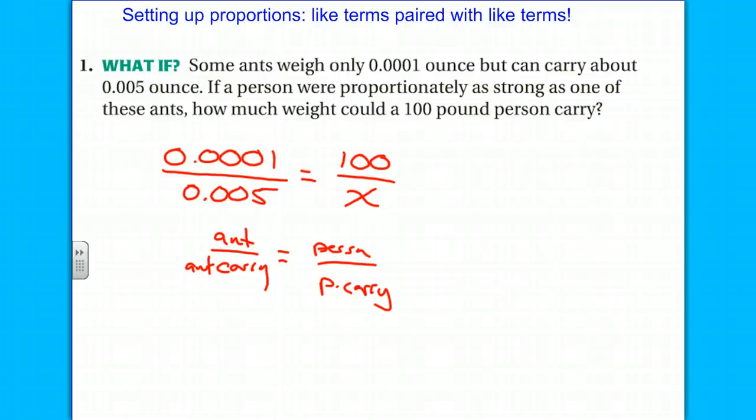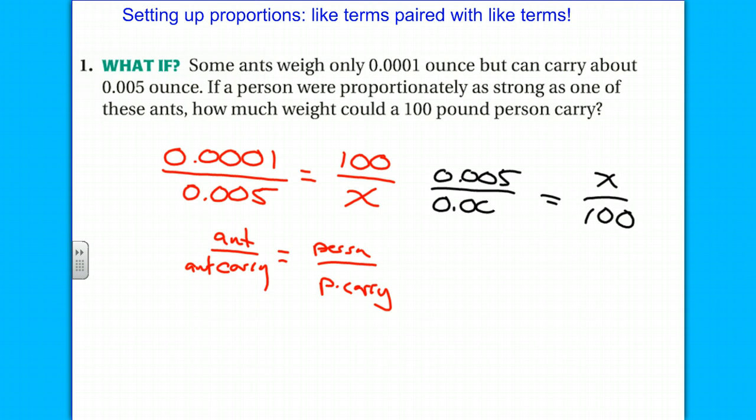Jake. Same exact thing, but X over 100. So if we put X over 100, we now have the weight of the person under what the person could carry. So what would we have to have on the left side? 0.005, right, we would have to have the weight of the ant underneath what it can carry.